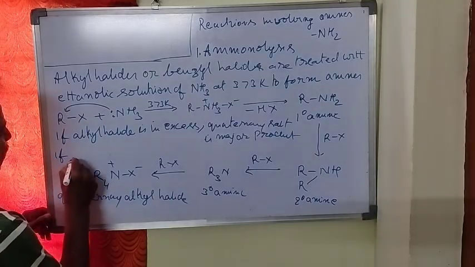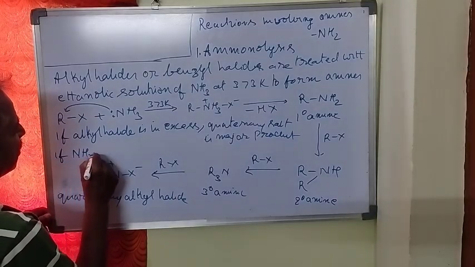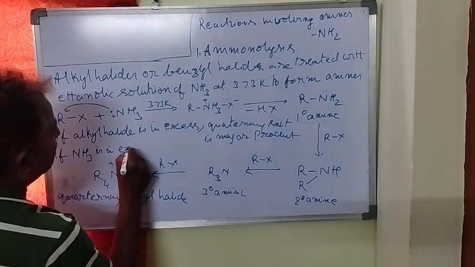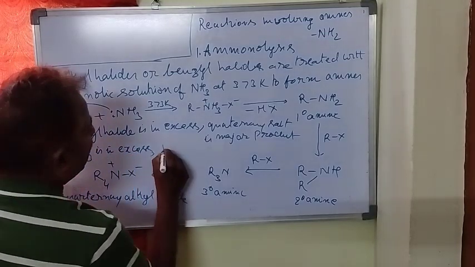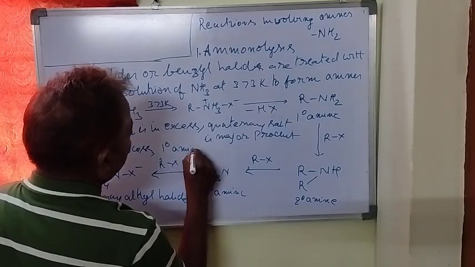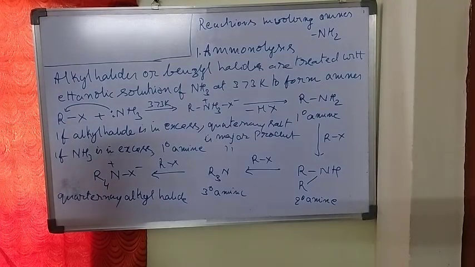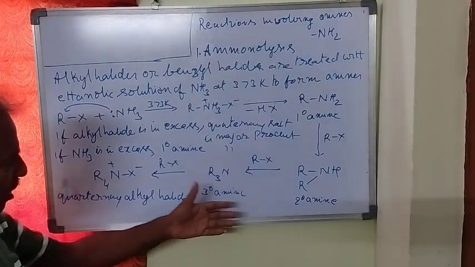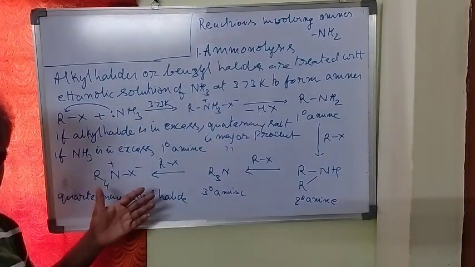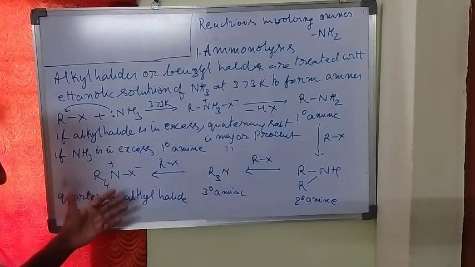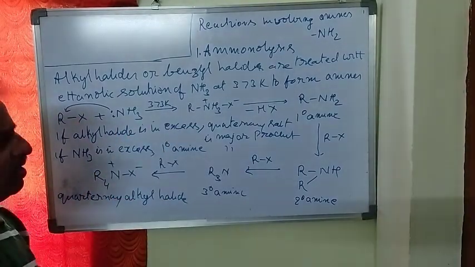If ammonia is in excess, then primary amine is the major product. So these are the conditions for this ammonolysis. But anyhow, this reaction cannot be used for preparing primary amines alone, because we get a mixture of different amines, and the major product is a quaternary alkyl halide salt, and separation becomes very difficult.